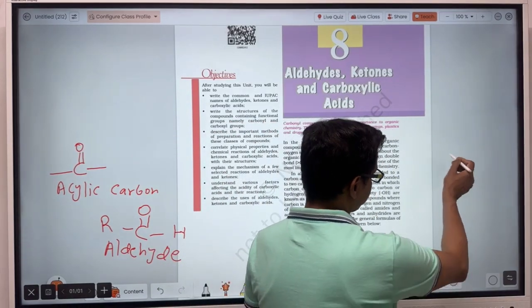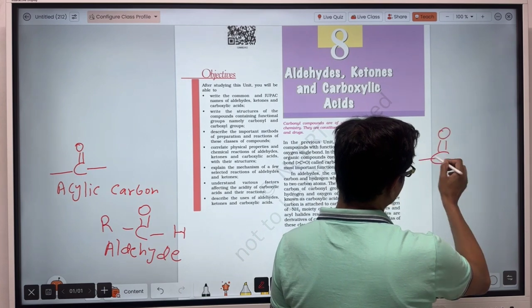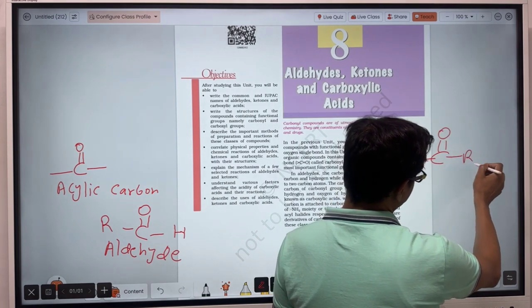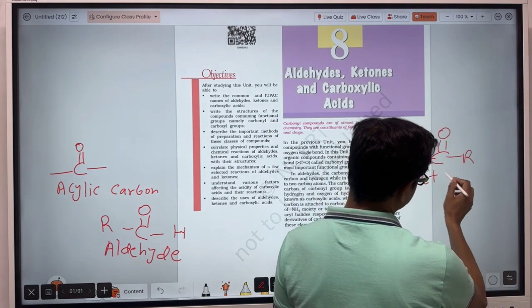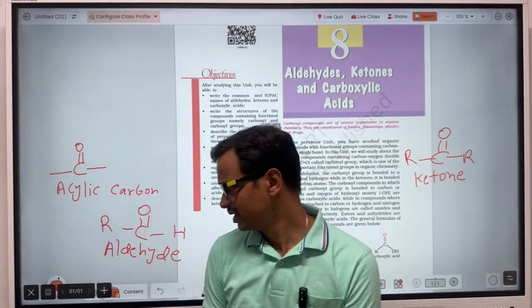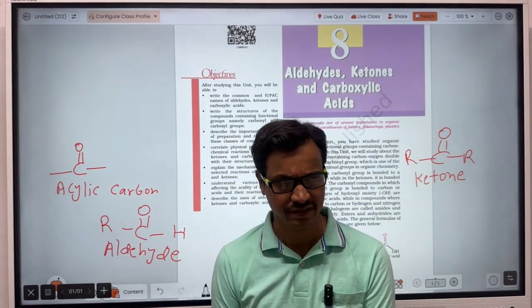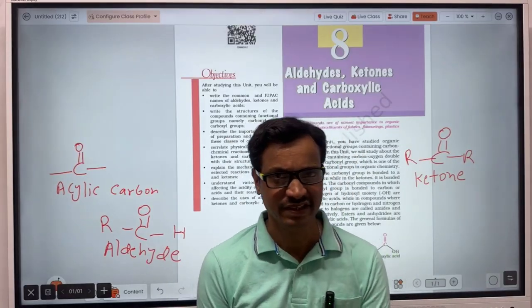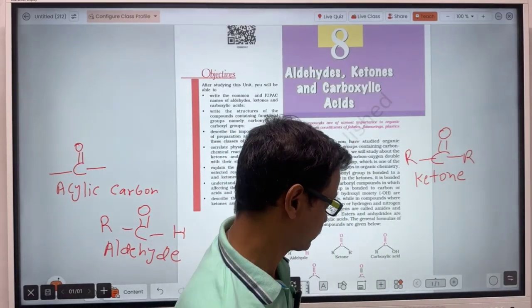In the same way, when both sides there is an alkyl group, then that will be called ketone. In aldehyde, one side alkyl group and other side hydrogen. In ketone, both sides alkyl group.